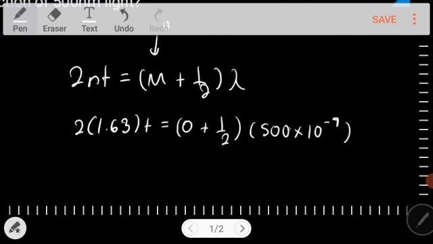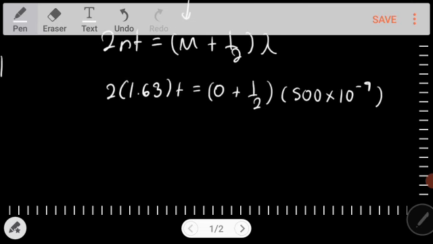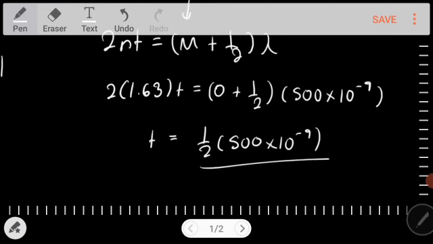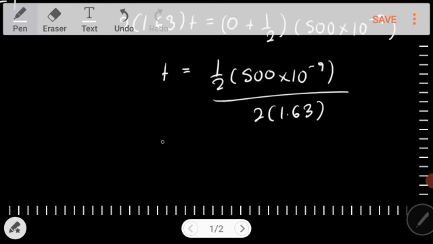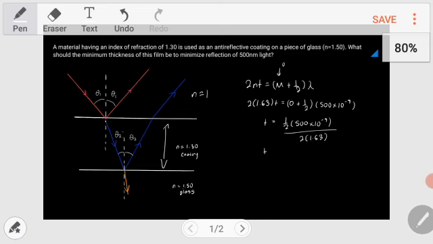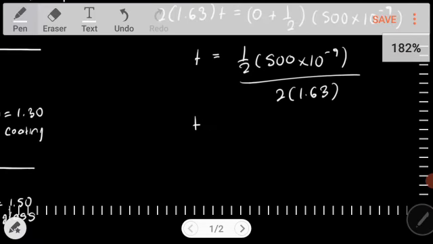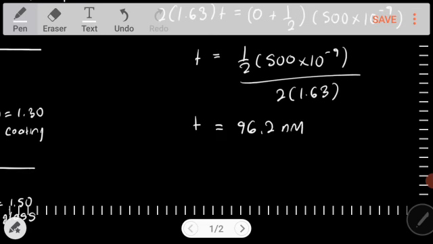Notice that here we want to convert nanometers into meters, so we write the value like this: 500 times 10 to the power of negative 9. So the answer is 96.2 nanometers.